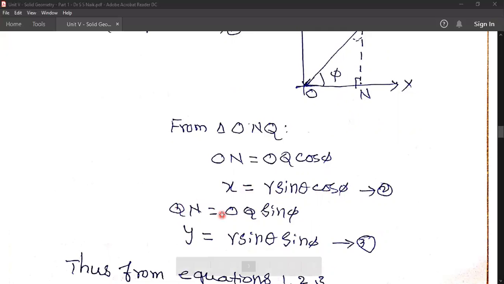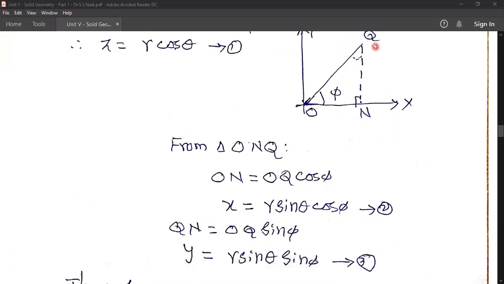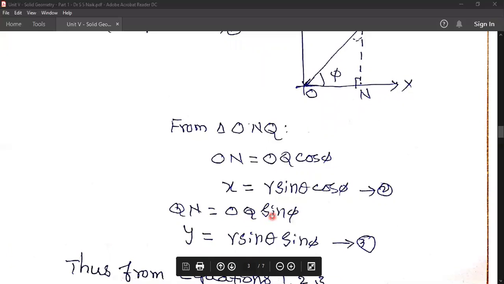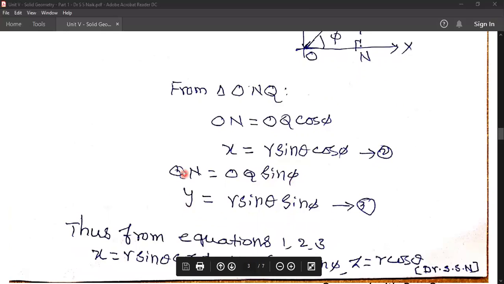Now, QN is equal to OQ sin phi. Therefore, QN is equal to y, and OQ is already known to you, that is r sin theta, so y is equal to r sin theta sin phi.